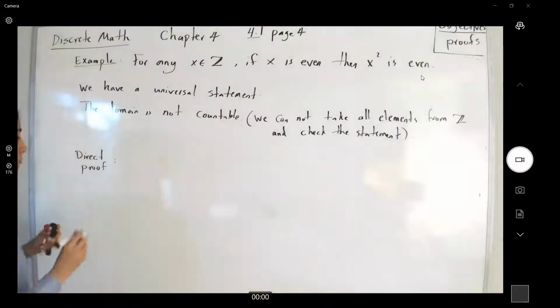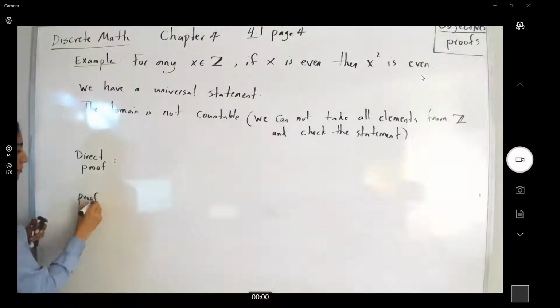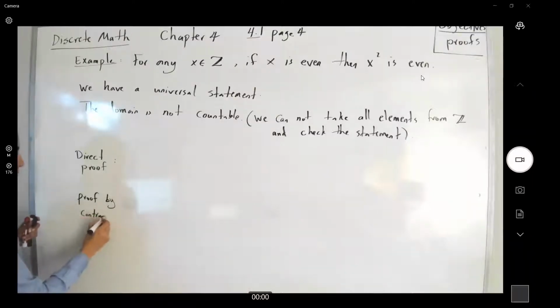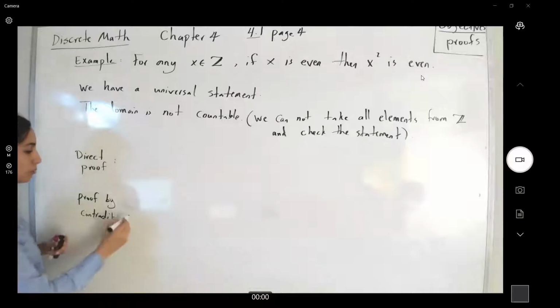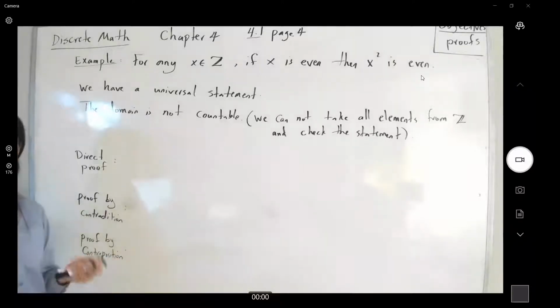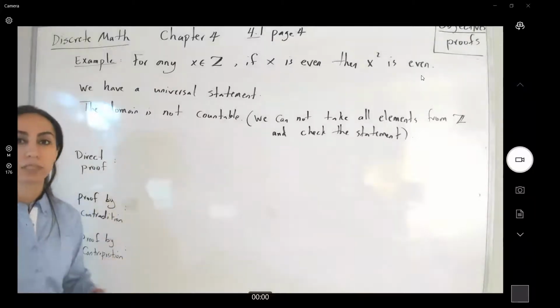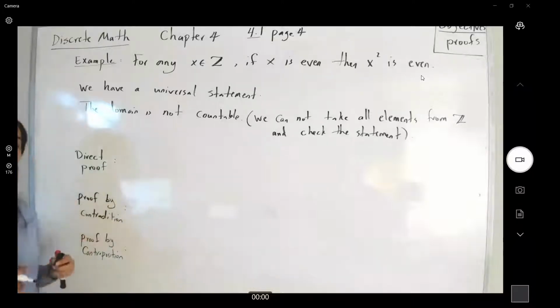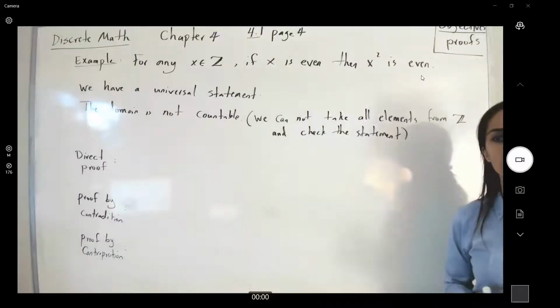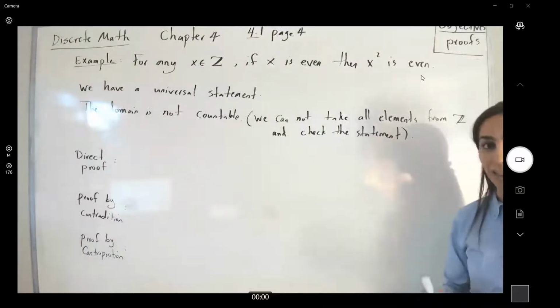Would you like to use proof by contradiction? Or would you like to use proof by contraposition? One of them is the best choice, and for some others, we have to take a look at it, try to use either of these methods. Sometimes it's solved very fast, some other times it doesn't give us a nice answer.